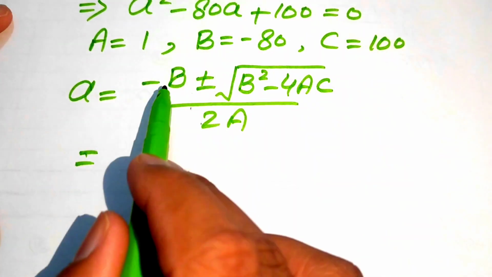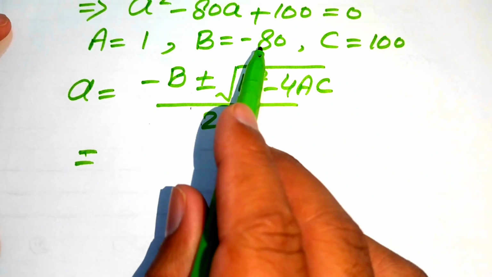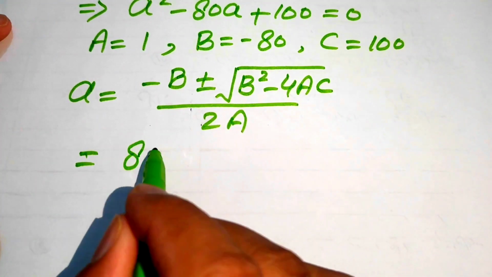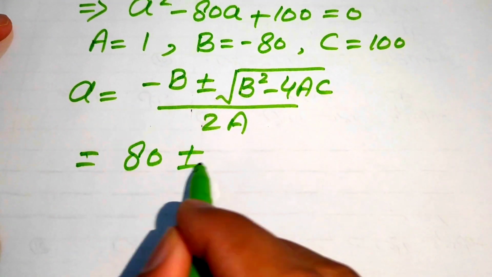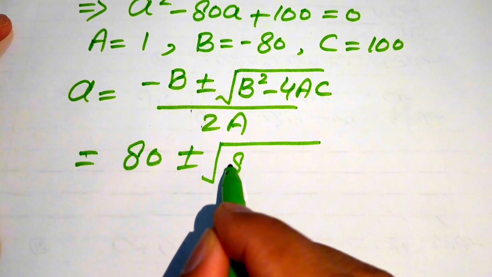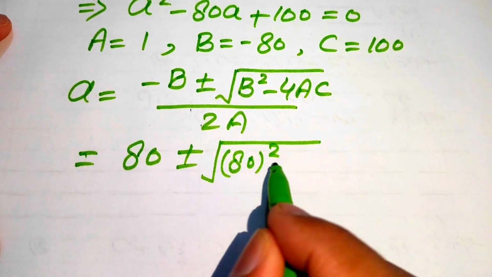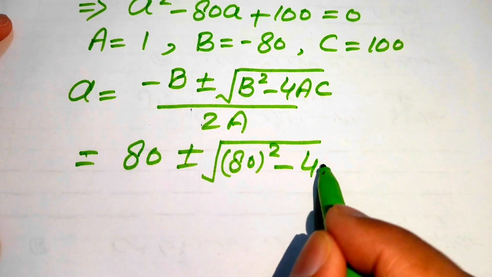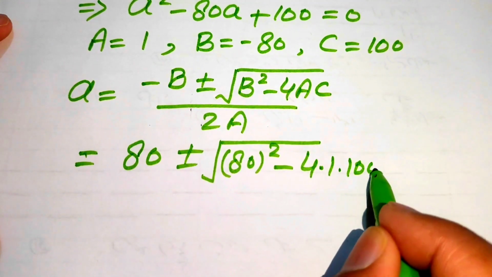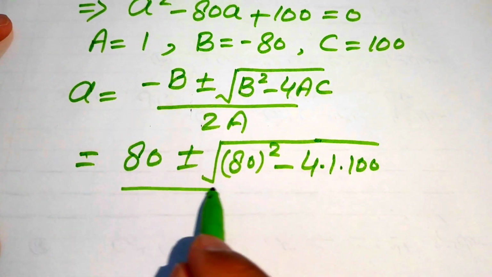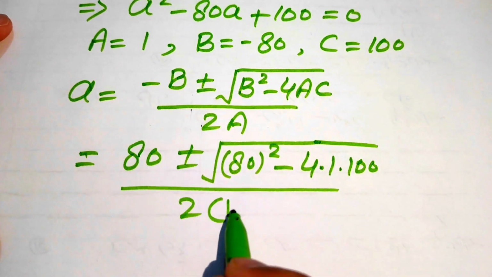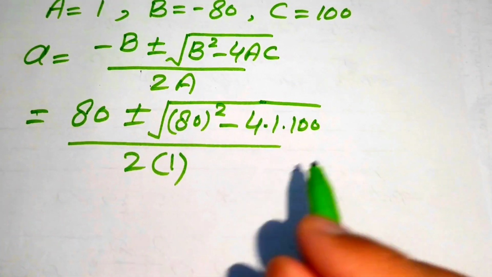We obtain minus b, and the value of b is minus 80, so minus times minus becomes plus 80, plus minus square root of 80 squared minus 4 times a, which is 1, and c, which is 100, divided by 2 times a, and our a equals 1.